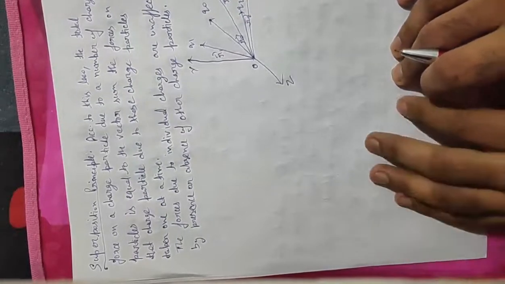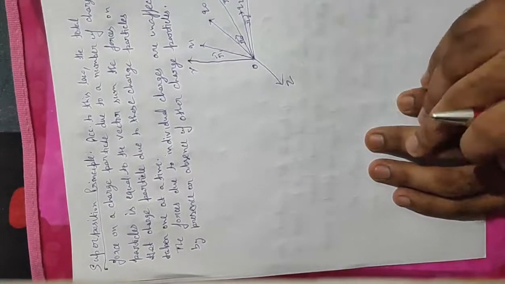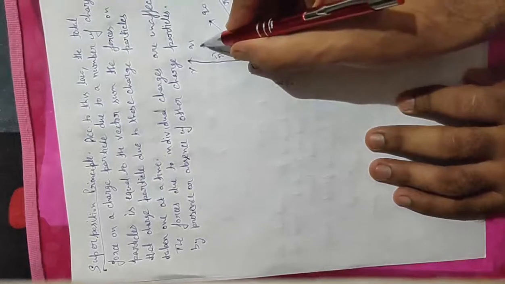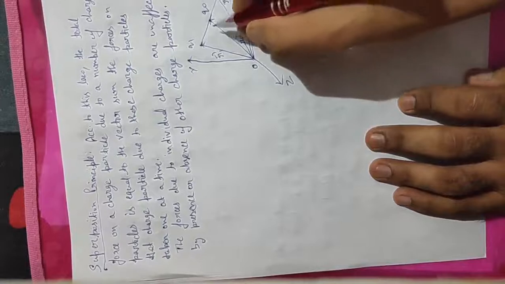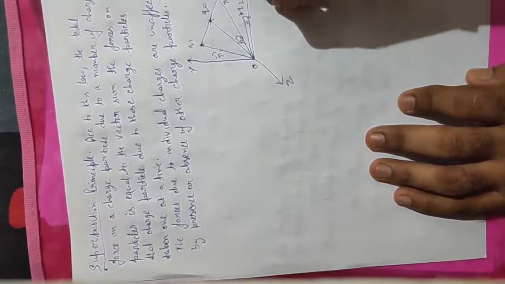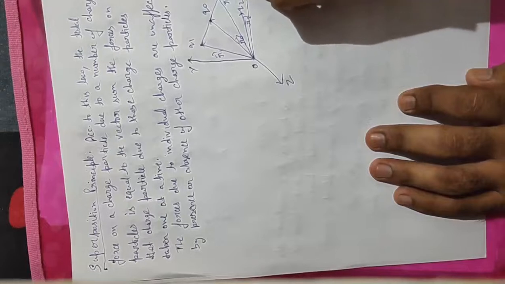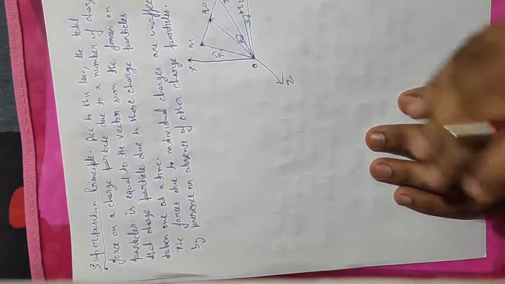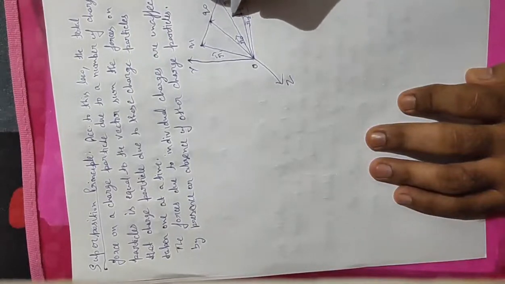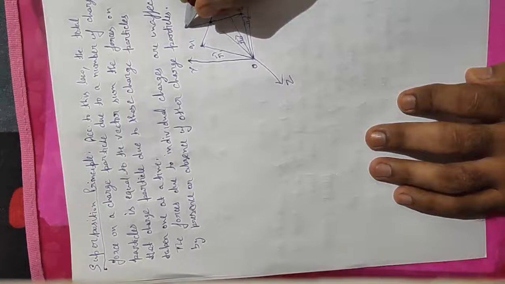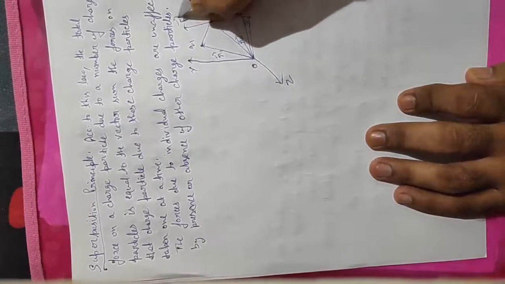Now, this Q1 charge particle will exert a force on Q0 charge particle in this direction, and the representation is F01 vector. Similarly, Q2 will exert a force on Q0 in this direction, that will be F02 vector.